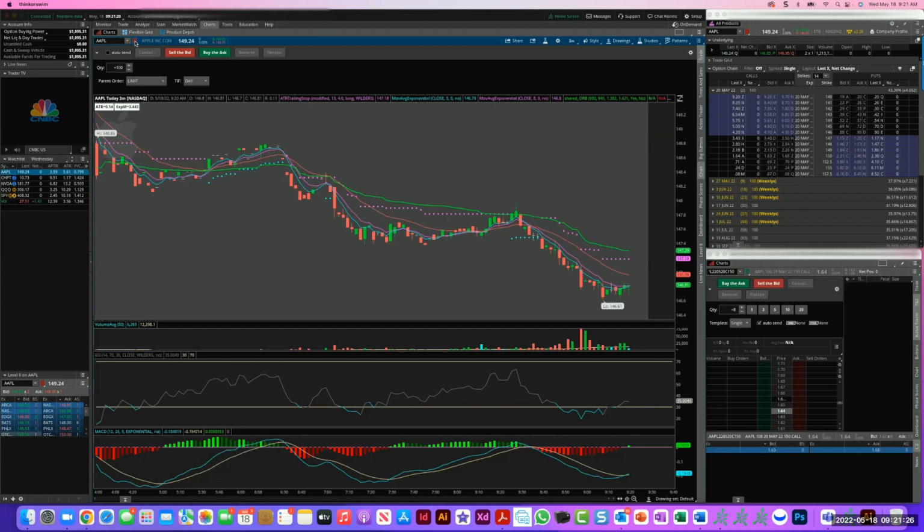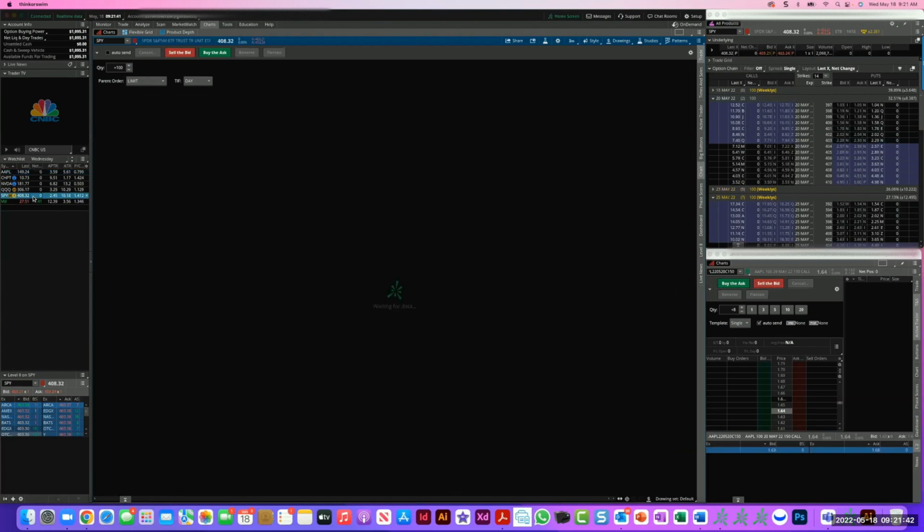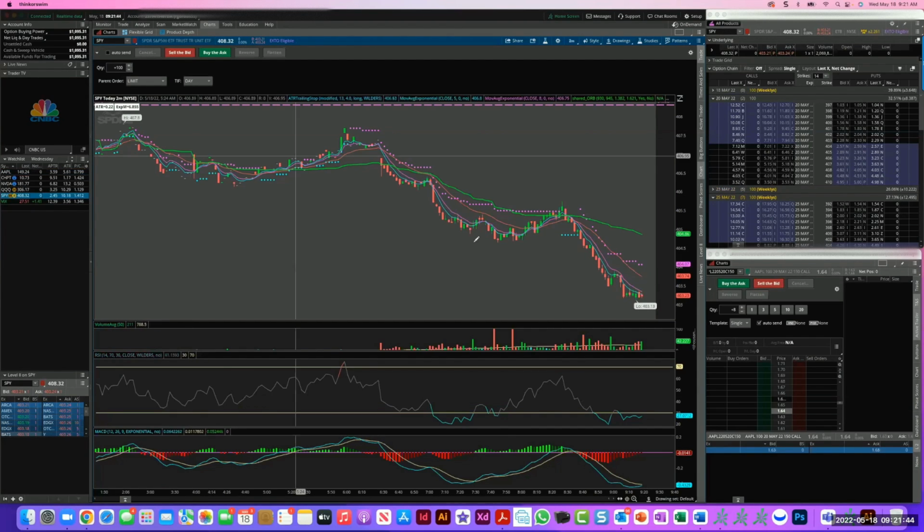It will change Apple in my chart, but it will also give me the Apple options chain over to the right. So you see Apple here is the option chain. If I click on SPY, it'll give me the SPY chart, and it'll give me the SPY options chain.